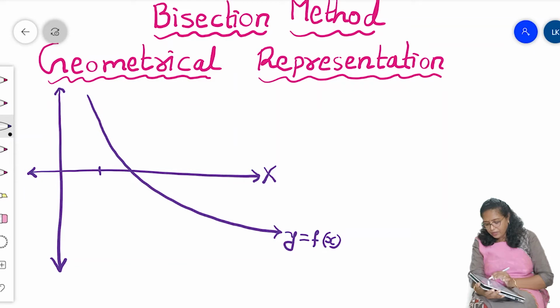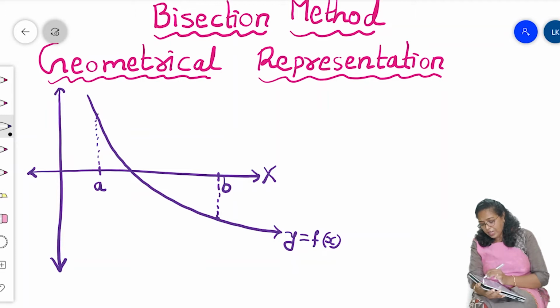Select points a and b such that f(a) is positive and f(b) is negative. Naturally, the point f(a) lies on the curve y equals f(x). Similarly for the point f(b). Clear?